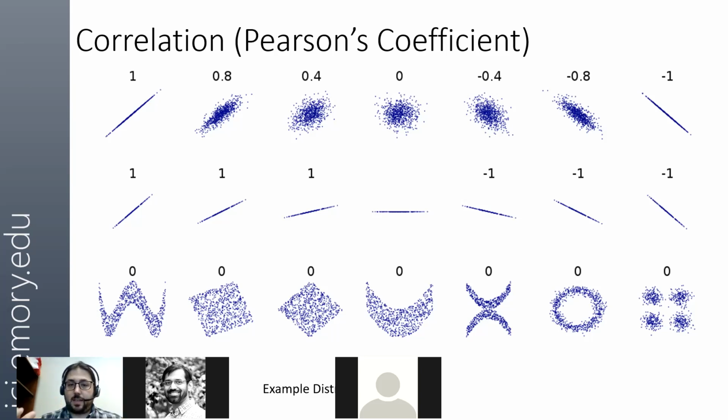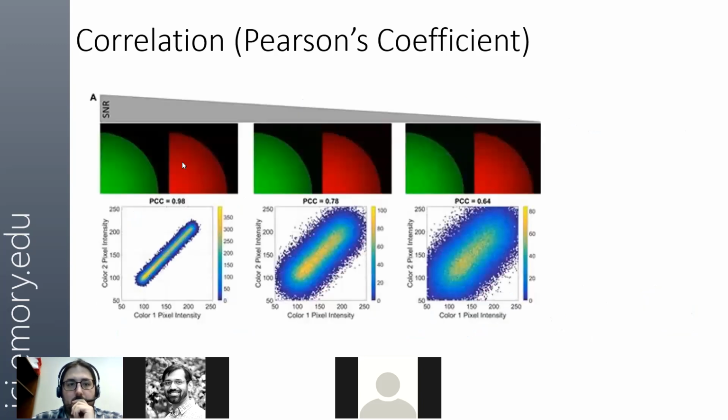It's just not linear, and so the coefficient here will be 0 even when there is a link, even when this behavior in the intensities of one image is relatable to that in the other. Does that make sense to everybody? Okay.